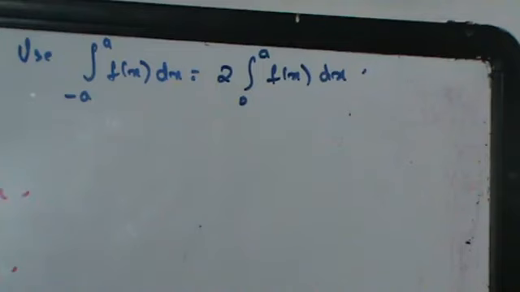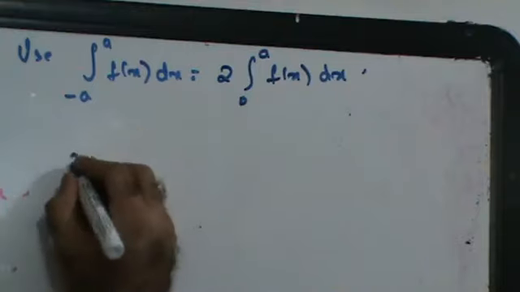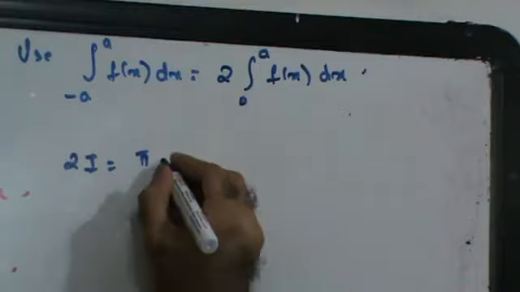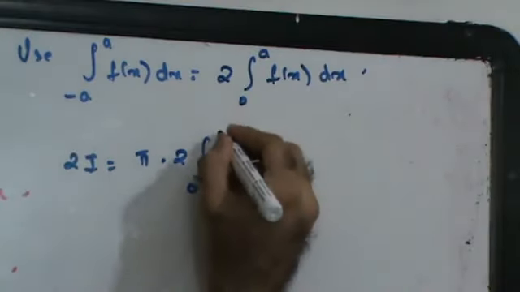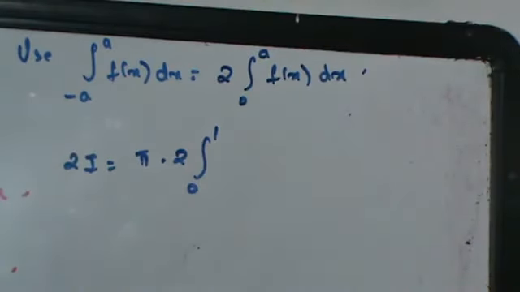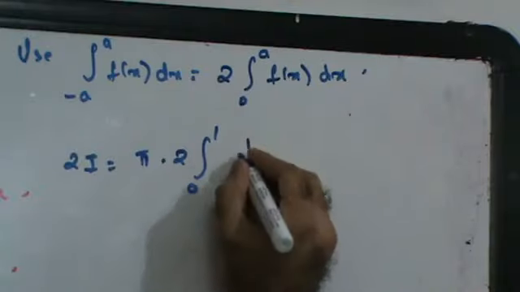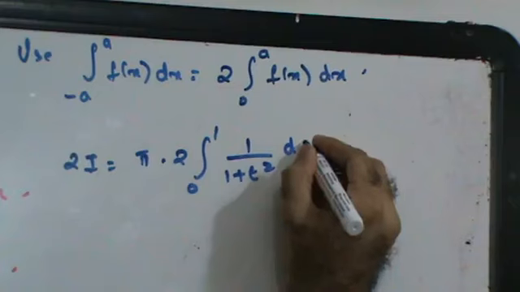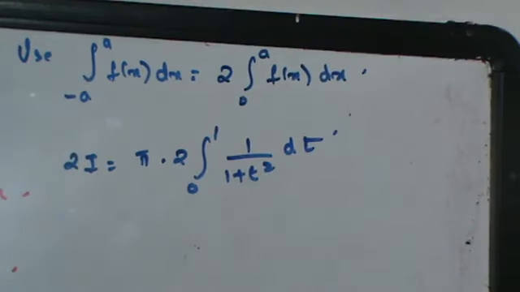So if I use this formula, I'll get 2I is pi. Instead of writing minus 1 to 1, this will become twice 0 to 1, 1 upon 1 plus t square dt.